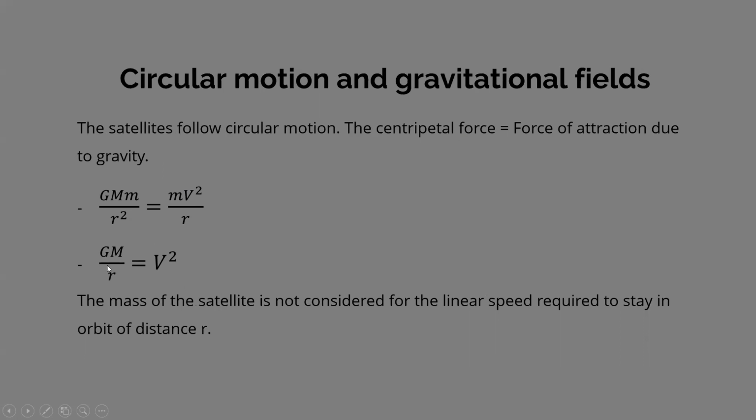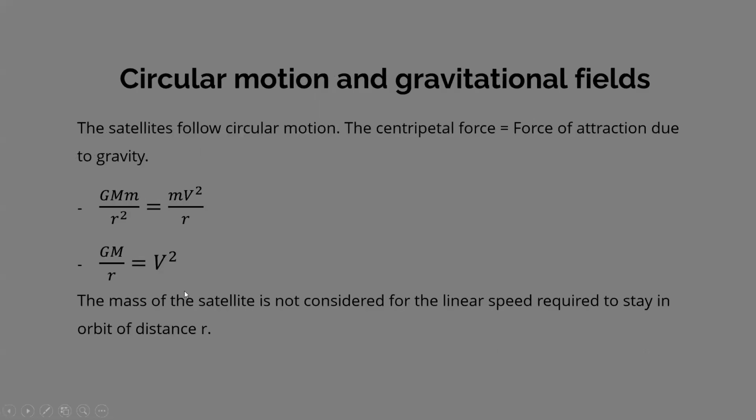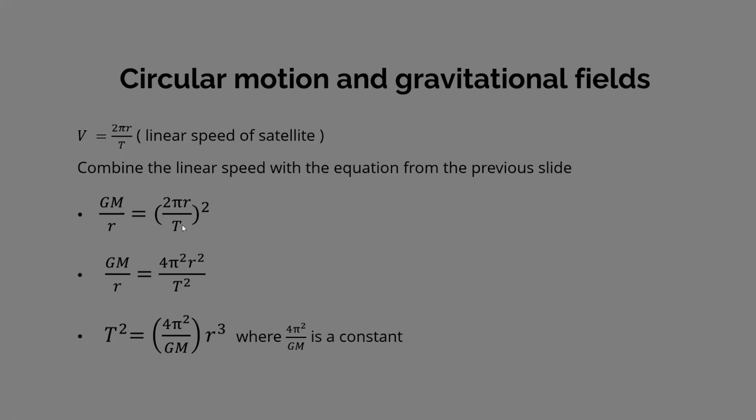Simplifying this equation, you get GM over r equals v². This shows that the mass of the satellite is not considered for the linear speed required to stay in orbit. This equation shows that the linear speed required only depends on the mass of the bigger object, or the mass of the sun, if you think about it from our perspective.